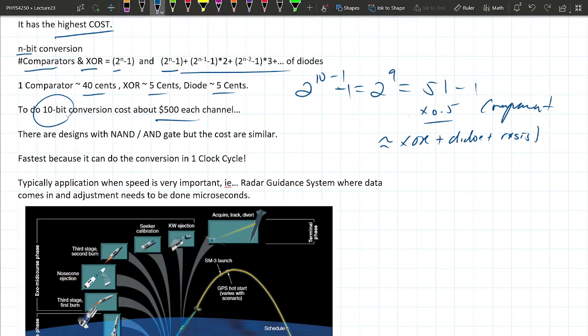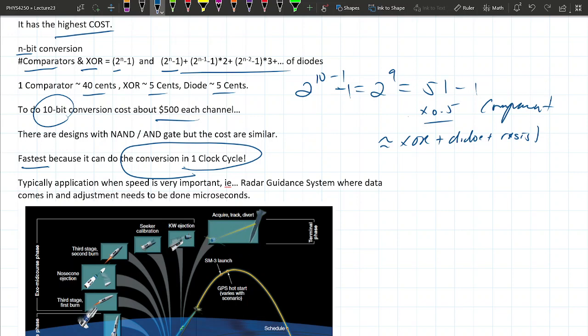So this is the fastest, because all of this conversion occurs in one clock cycle. Now we know about clocks, right? So if your fastest board is 100 megahertz, this conversion happens in 10 nanoseconds.